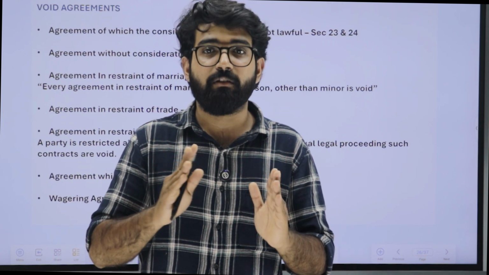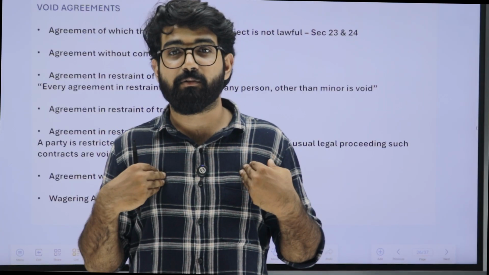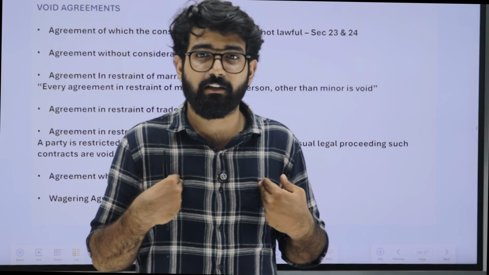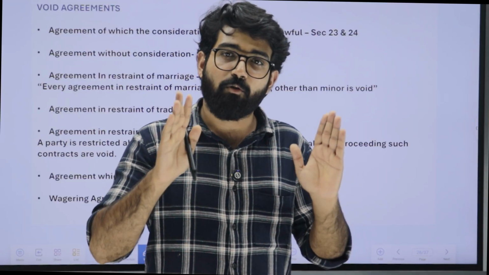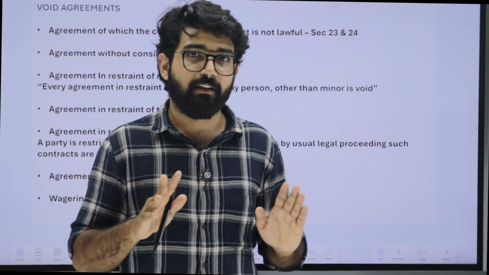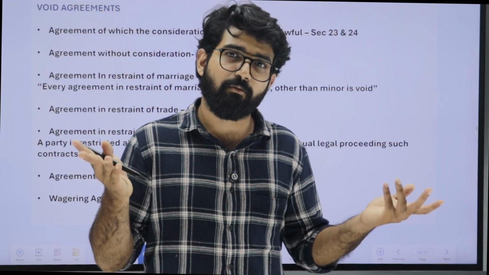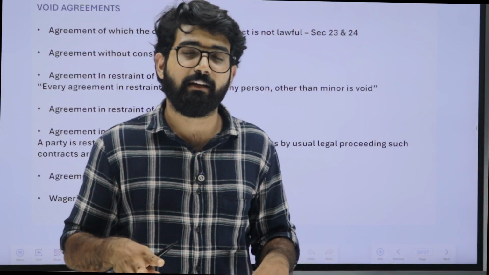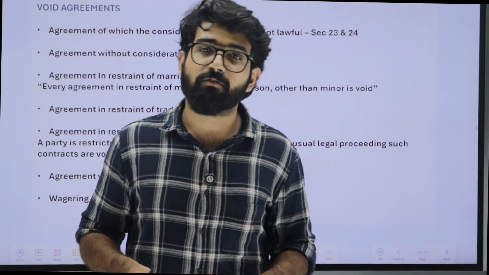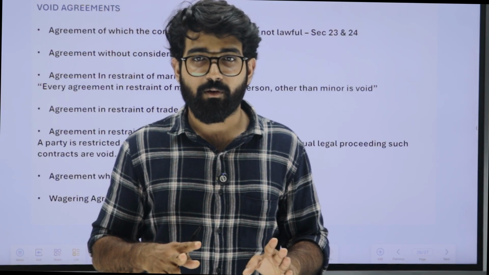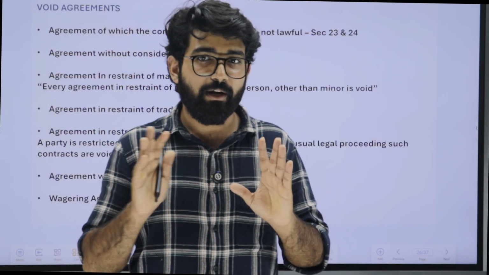If I am the person who has been defrauded, he has cheated me, dishonestly made me enter into a contract, but I am not interested in filing a case against him, this will remain a valid contract. Somebody coerced me into a contract, and if I remain in that contract willingly, then that will be a valid contract, as long as I need it. That is the specialty of voidable contracts.